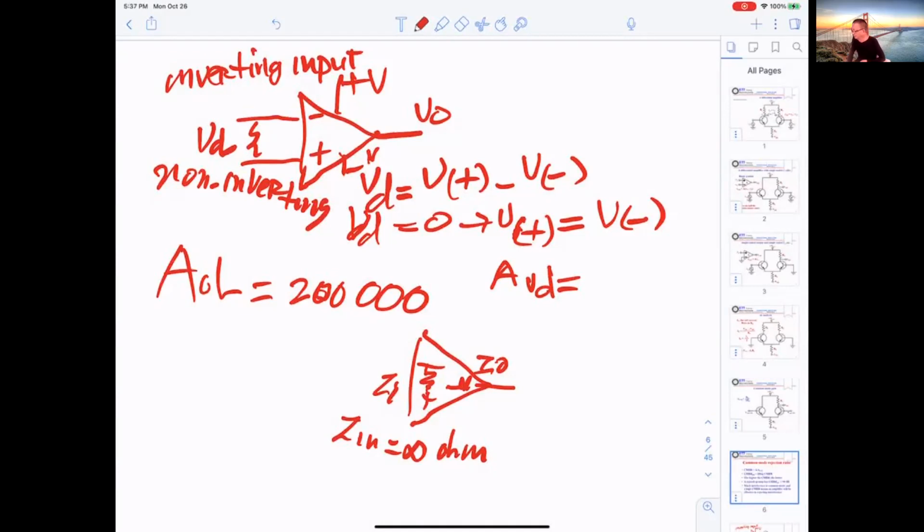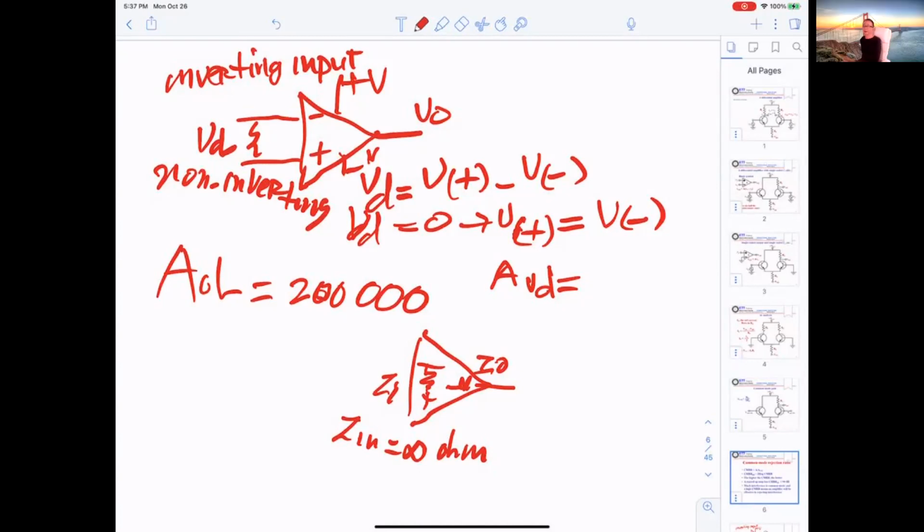The voltage gain of the differential amplifier. What does AVD equal? The output voltage equals what?